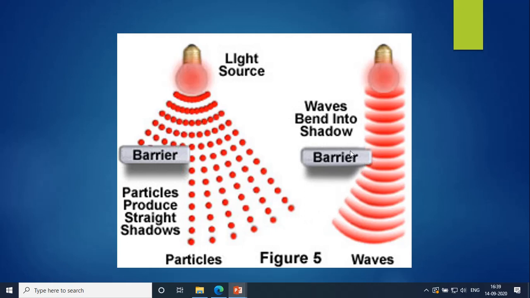This is an important property, and we study it in the topic of wave optics, especially in interference and diffraction. Whenever you hold the barrier, the light bends, changes its direction, and enters the region where a shadow is expected.